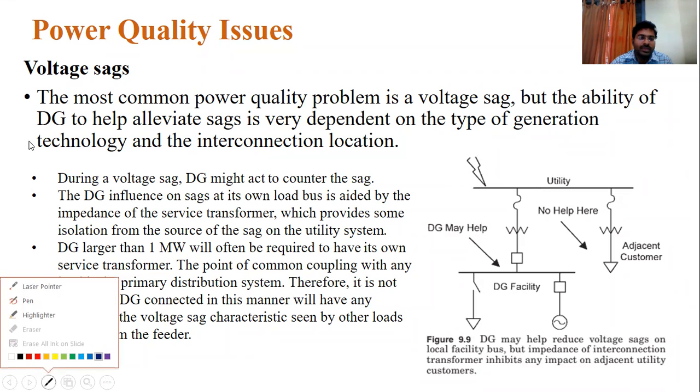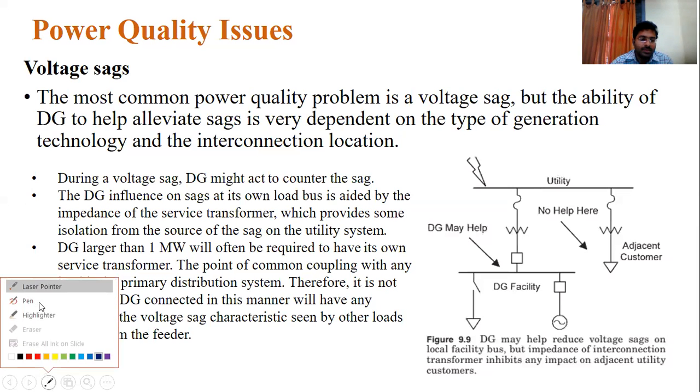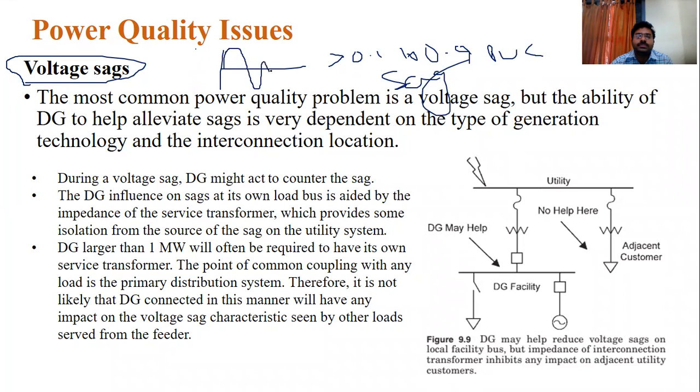When the magnitude of the voltage is between 0.1 and 0.9 per unit, we can treat it as a voltage sag.